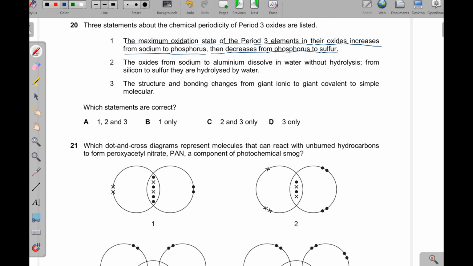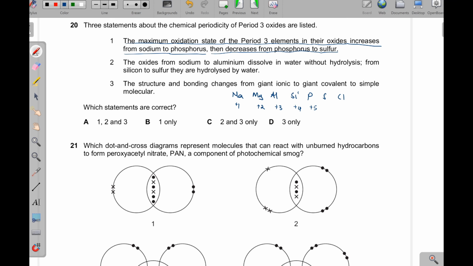Now the oxidation state of period 3 elements, what are we seeing? We have sodium, magnesium, aluminium, silicon, phosphorus, sulfur, and then chlorine. So the maximum oxidation state here is +1. This is +2. This is +3. This one is +4.